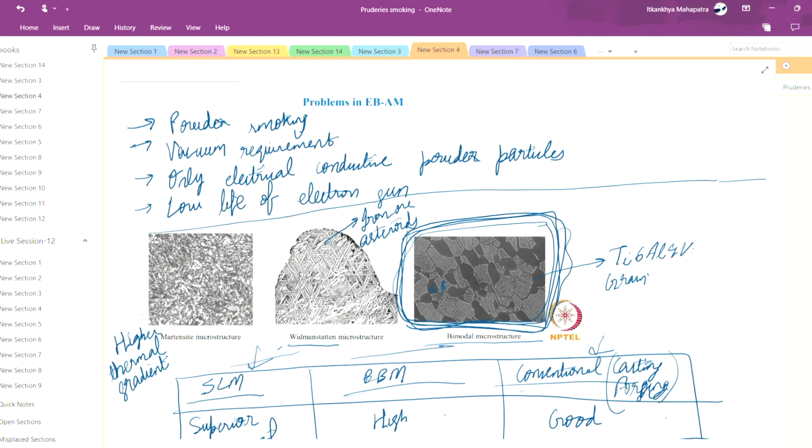Now based on the designer, in terms of ductility only, we can say the bimodal structure is the best one. Ductility means how much we can stretch before the failure. But if we talk about stiffness and hardness, 3D printing is best.